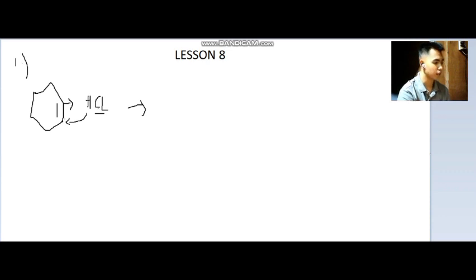And this is a chlorine bonded with hydrogen. So this is a hydrochloride compound. So if these two will be mixed, the final product will look like this.